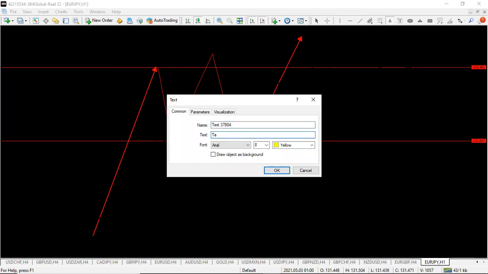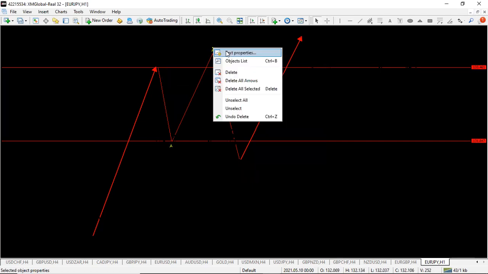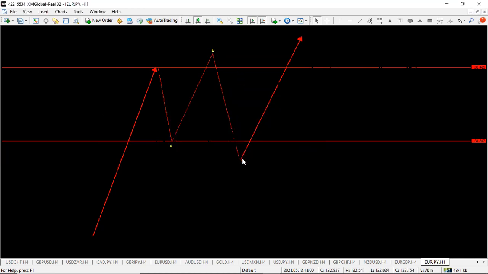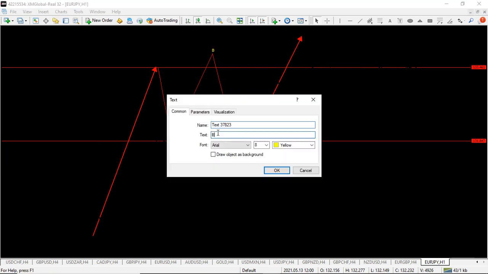I believe you saw that. So this is your A, and that's your B. And then now you get your C. So can you see the difference now?